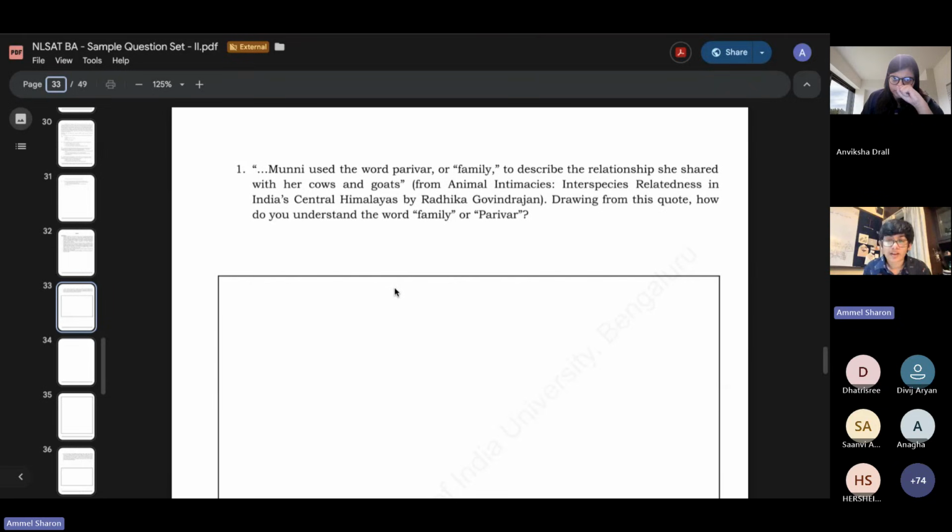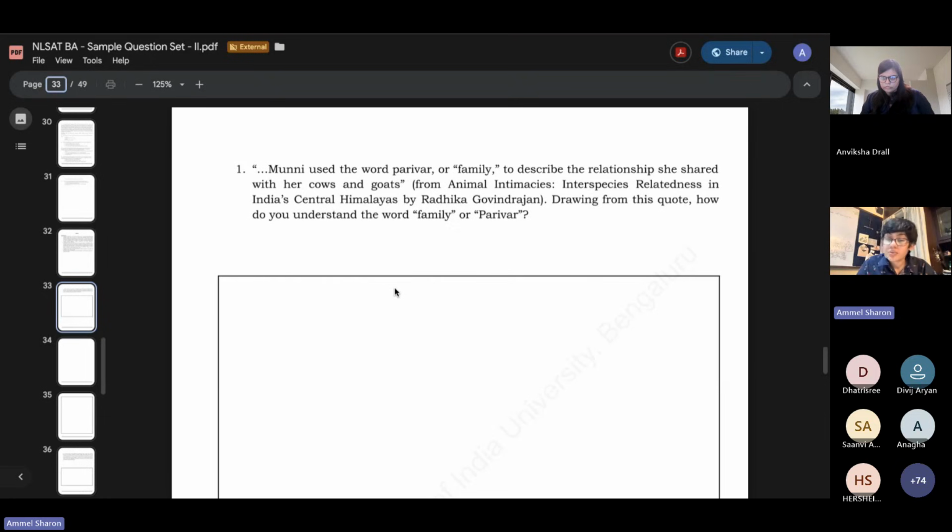That's usually the notion of family: biological, human, related by blood kinship. But what we see Munni doing is that she shares a relationship with her cows and goats that for her is like family.